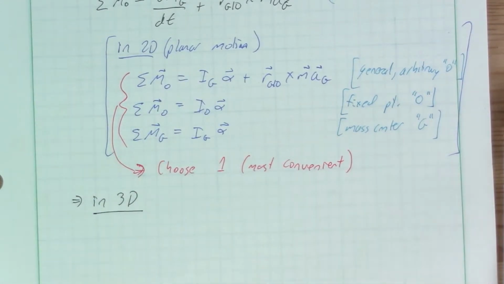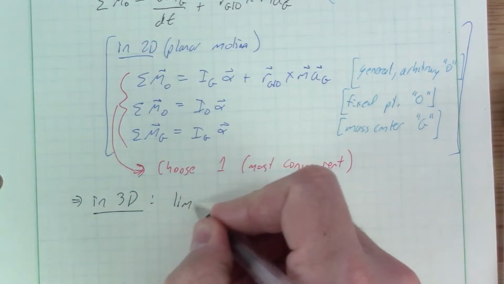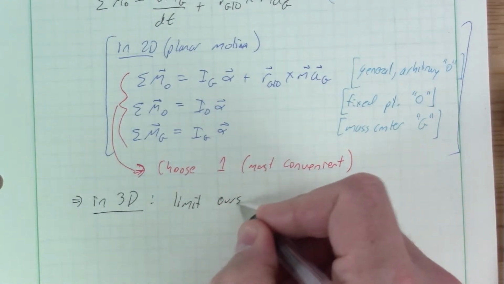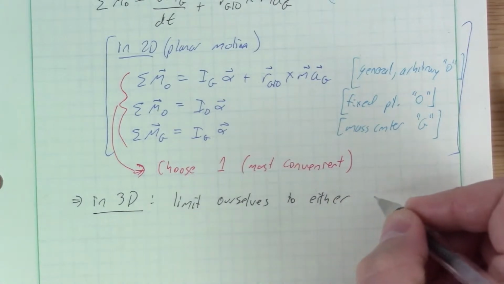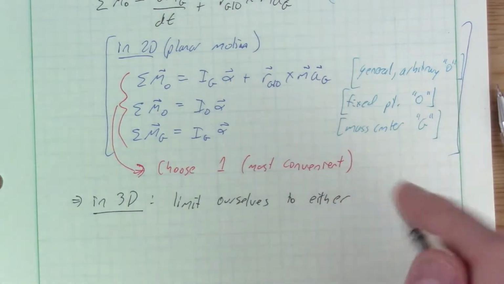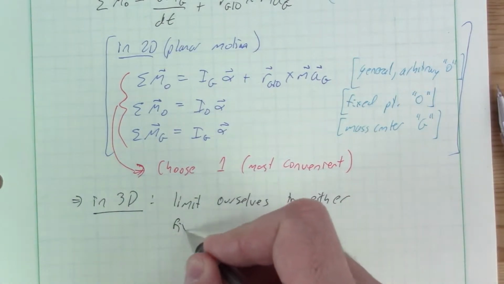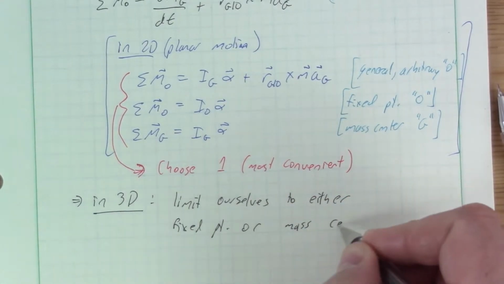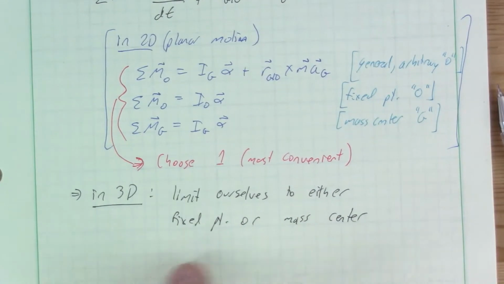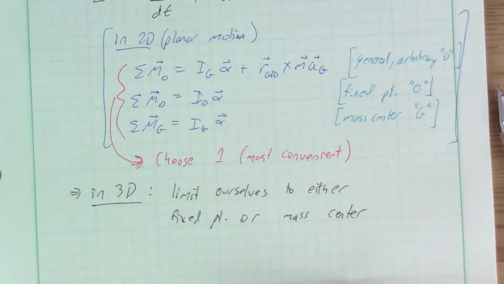Now in 3D full motion here, we first of all are going to limit ourselves to either of these last 2 options. So either fixed point or mass center analysis. Either have arbitrary O, but make sure it's a fixed point, or have that point of analysis be the mass center.